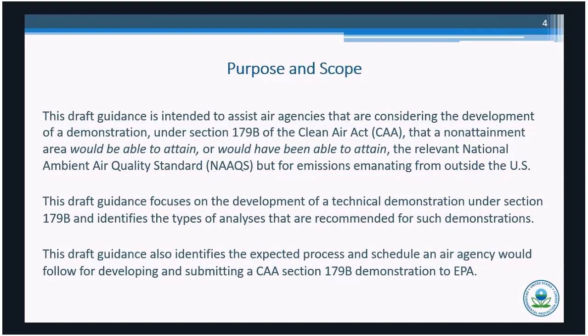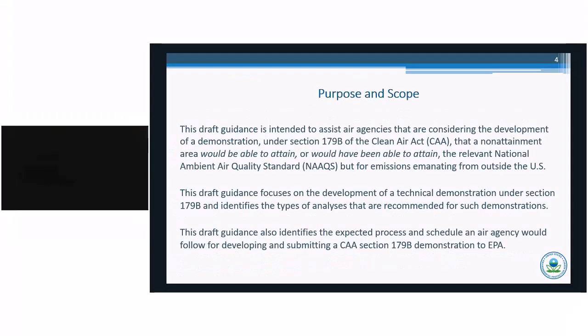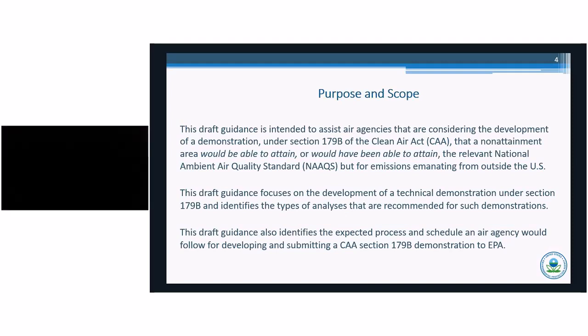Moving on to slide 4. The purpose of the draft guidance is to assist air agencies considering a Section 179B demonstration for their non-attainment area if the area would be able to, or would have been able to, attain the relevant National Ambient Air Quality Standard, or NAAQS, by the attainment date but for emissions from outside the U.S. The draft guidance document contains new policy and technical recommendations that states should consider when developing a Section 179B demonstration, specifically on the types of technical analyses that air agencies should consider and the process and schedule an air agency should follow when developing a Section 179B demonstration.